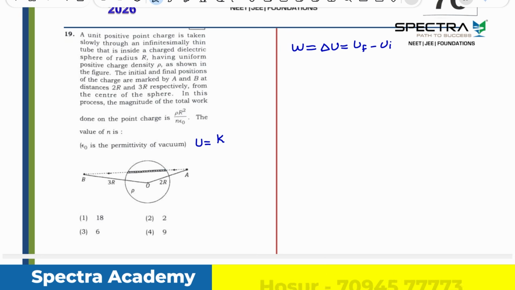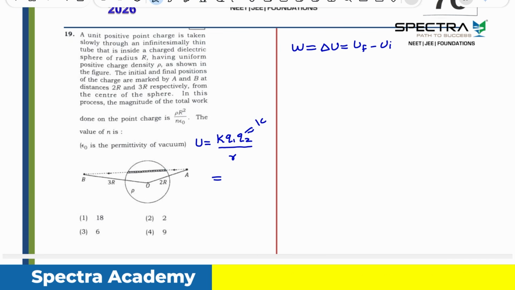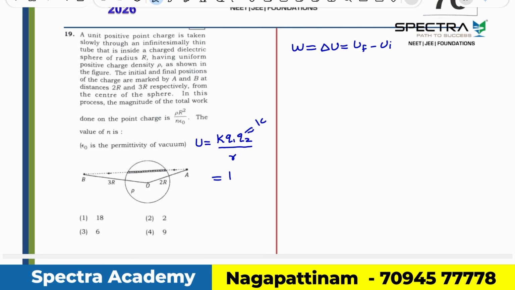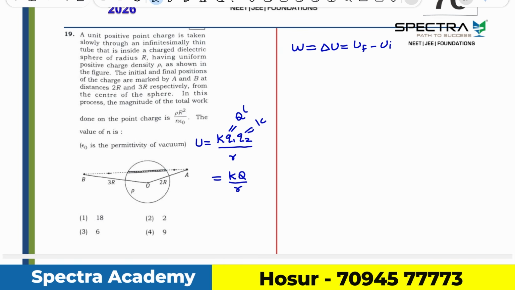In order to find the potential energy, you know the equation for potential energy is K Q1 Q2 by R. But it is a unit positive charge, 1 coulomb, so I can simply write this as K Q by R, where this is for the sphere.